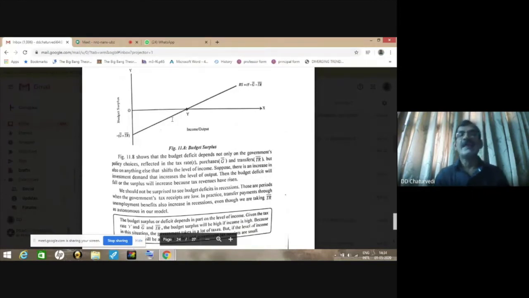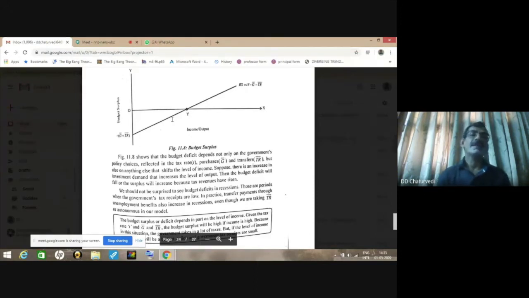We often find that there are budget deficits in the developing countries invariably, and there are more budget deficits when there are recessions. And during such situations, we should not be surprised that we can even see budget deficits in the developed countries also.